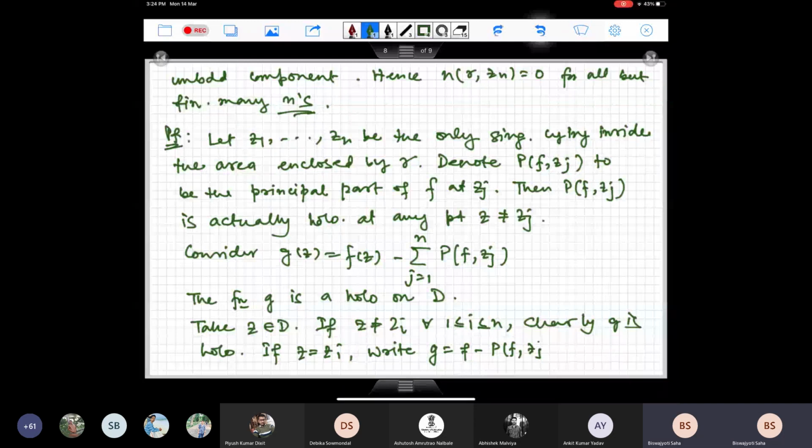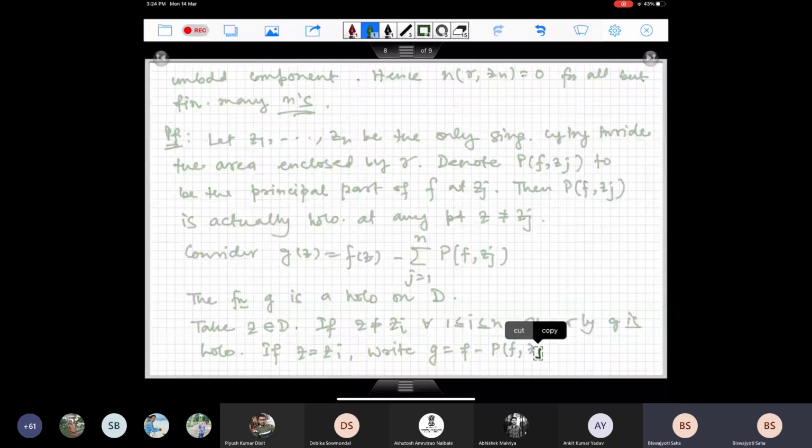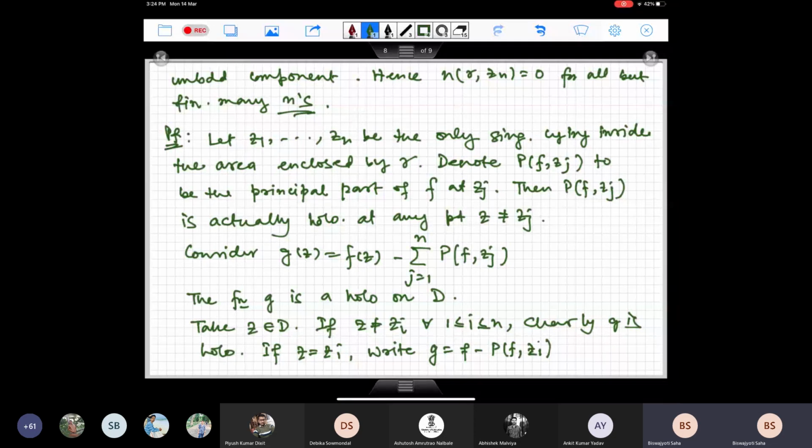Then you just subtract the principal part at zi, so this becomes holomorphic at zi, plus minus the summation of the principal parts at zj, j from 1 up to n, j not equal to i. So this is again holomorphic at zi. Is this clear to all of you? Yes, sir. So therefore, as a function, g is holomorphic on D.